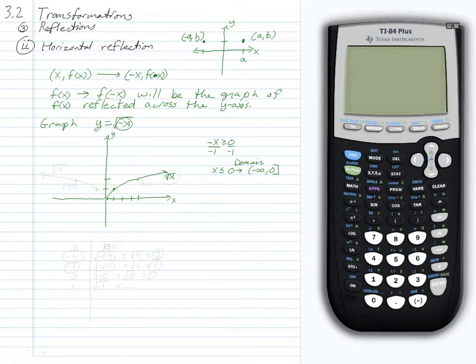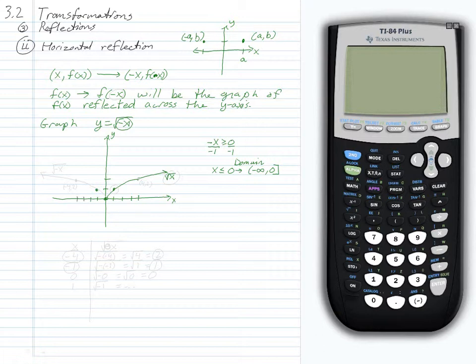And that is exactly what we would achieve if we reflect this graph. So if I reflect the point (0, 0) across the y-axis, well, it's on the y-axis, so it's not going to go anywhere. But this point (1, 1), the x-coordinate is going to flip, and we'll get the point (negative 1, 1).